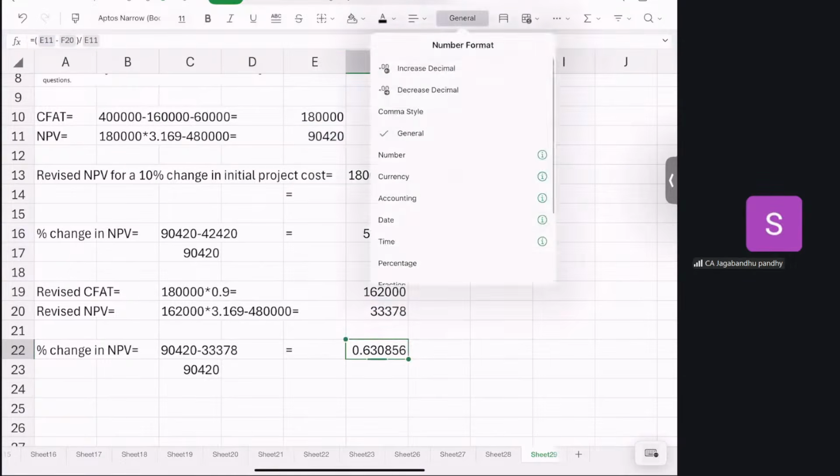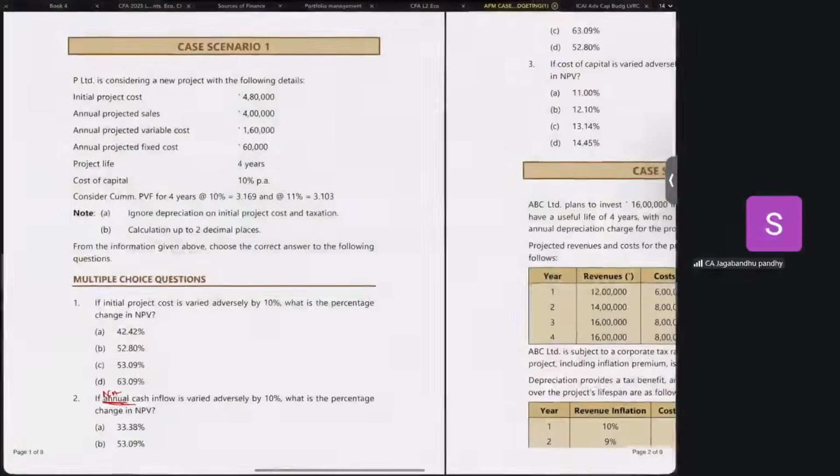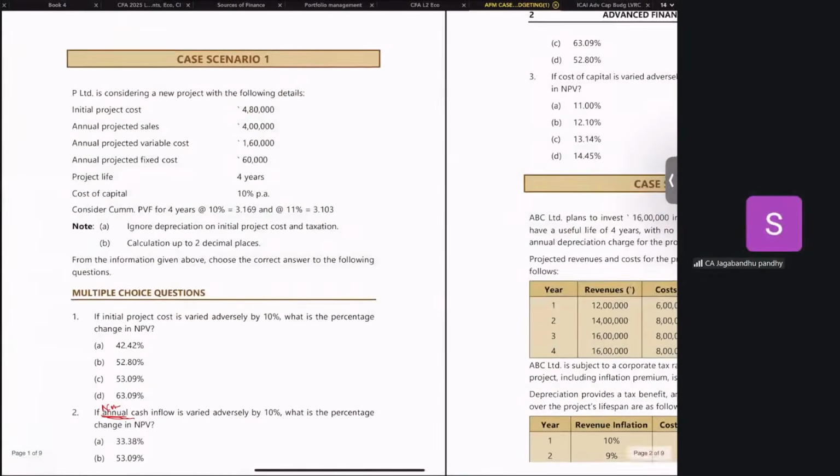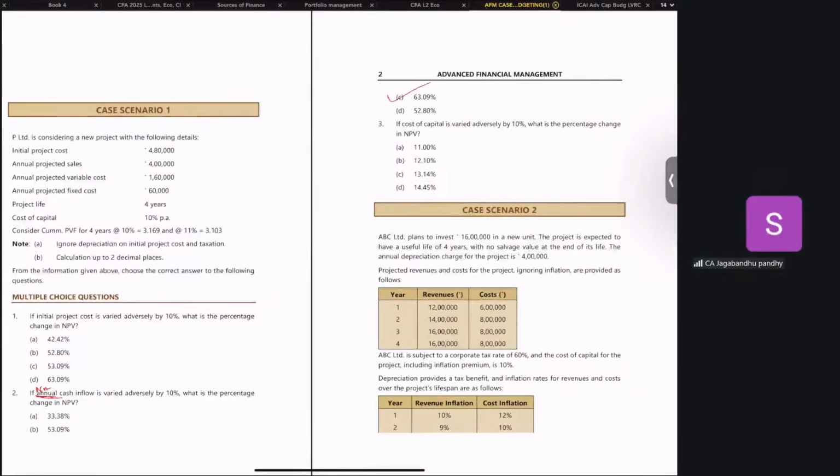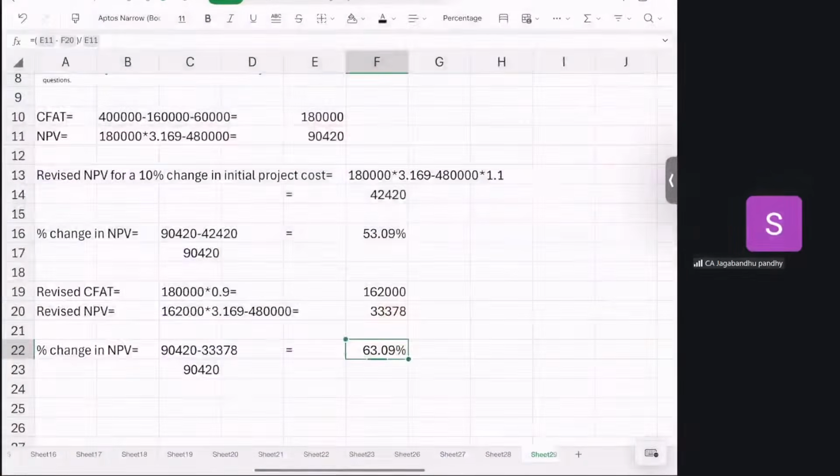So it is 63.09. Do we have the option 63.09? Yes. Option C. Option C is 63.09%.